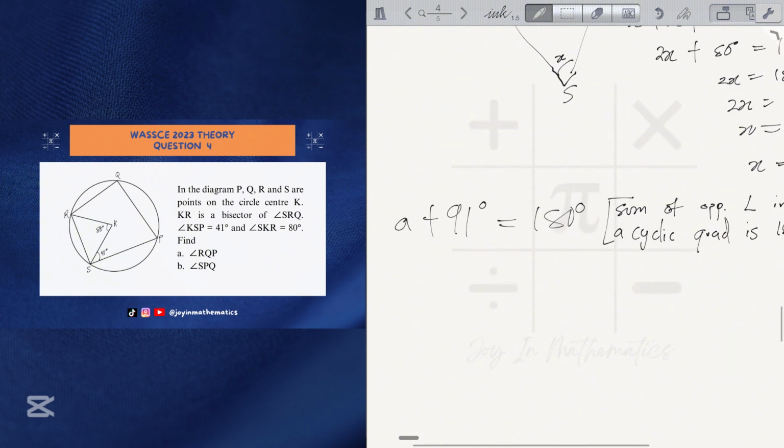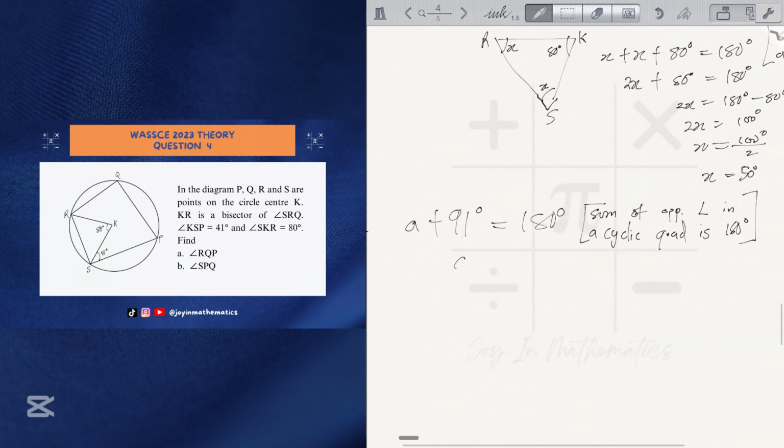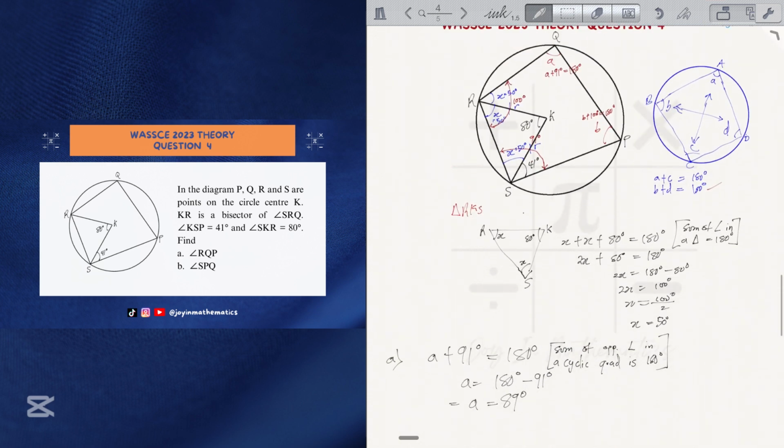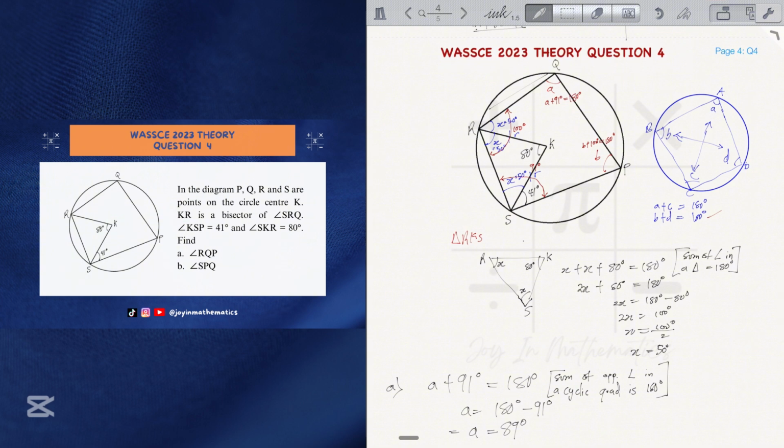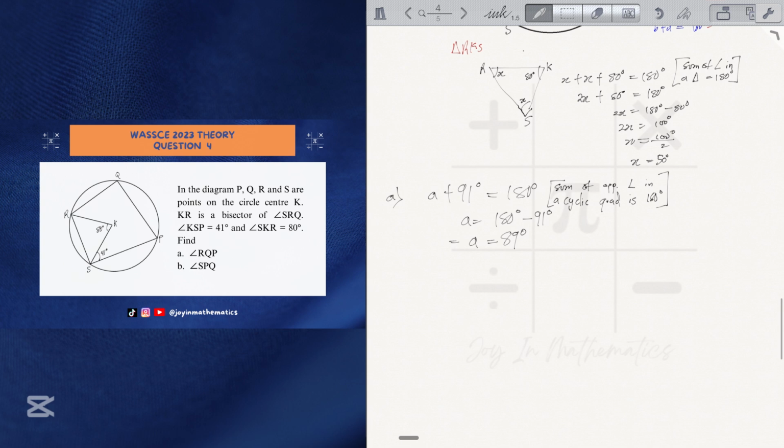So with this we can evaluate the value of A. A will be equal to 180 degrees minus 91, and A will be equal to 89 degrees. A in this diagram is equal to angle RQP.